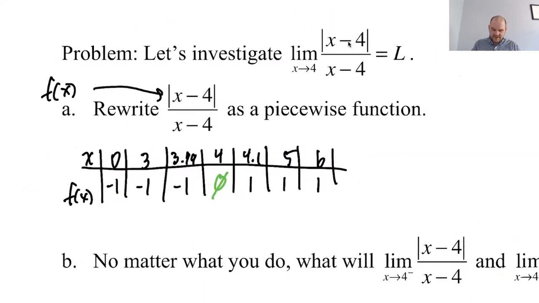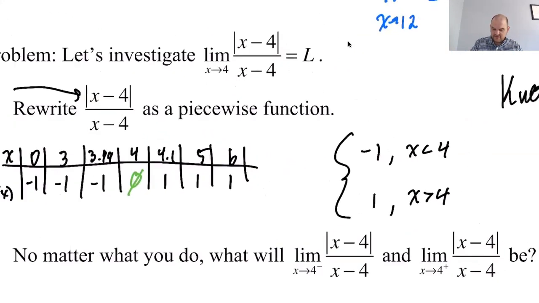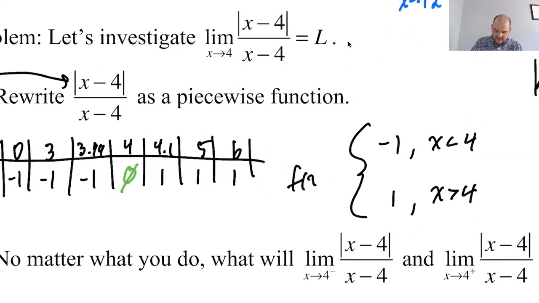It looks like this function, and it's true, is equal to -1 when x is less than 4, and +1 when x is greater than 4. And it just flat out does not exist when x equals 4.